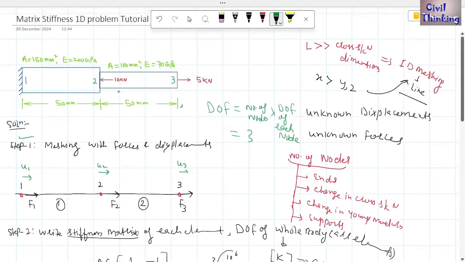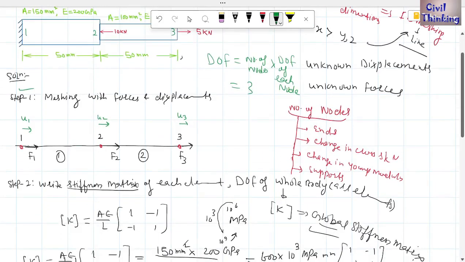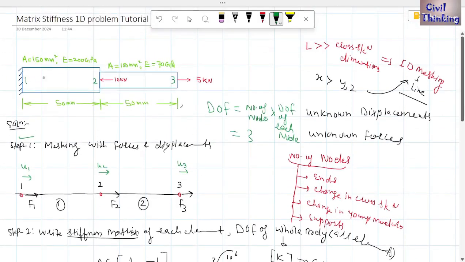In 1D problems, there is only 1 degree of freedom at each node. Why? Because each node can displace along only one axis. For example, the axial force of 5 kilonewton can cause node 3 to move to the right. It is not going to move upwards, right?